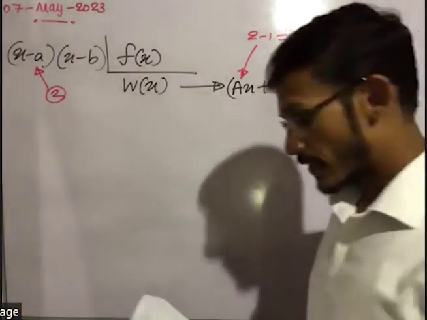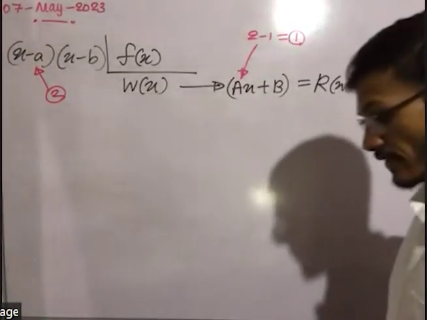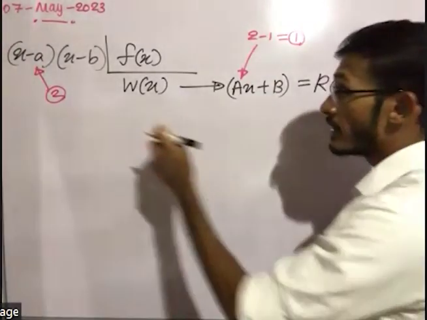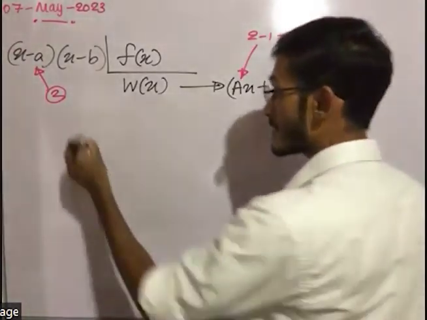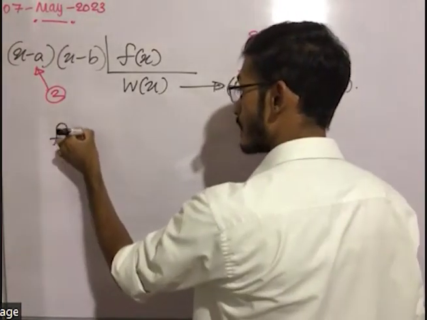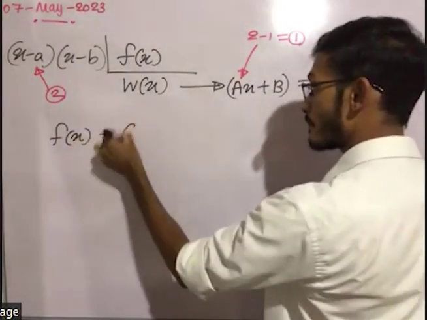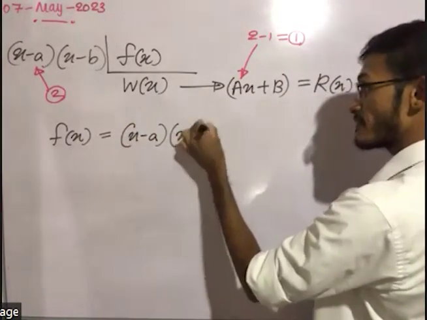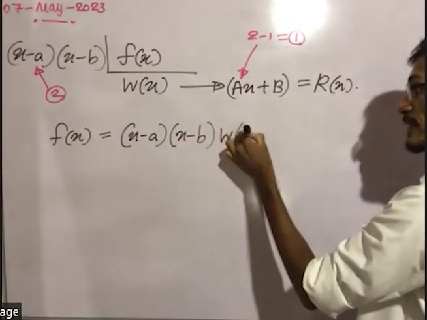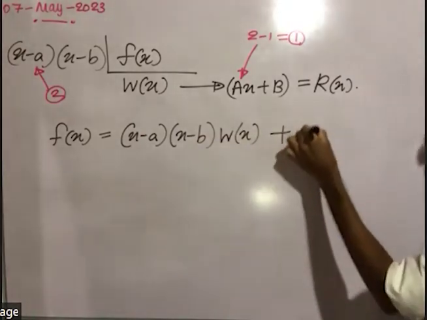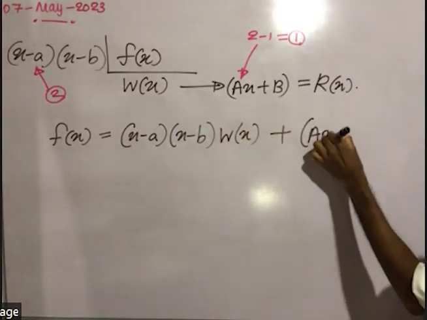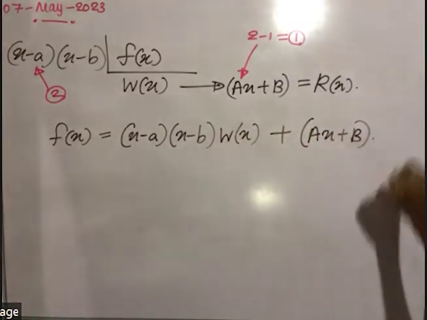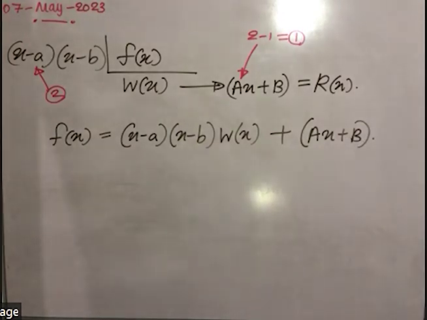So using this, I can write down the identity. f(x) equal to (x minus a) into (x minus b) into w(x) plus the remainder Ax plus B.